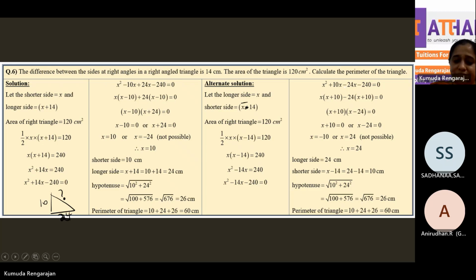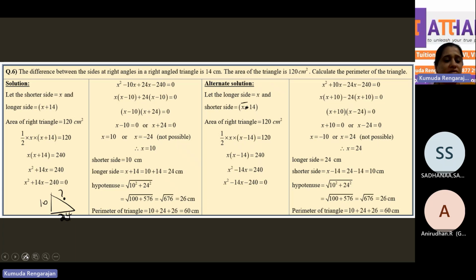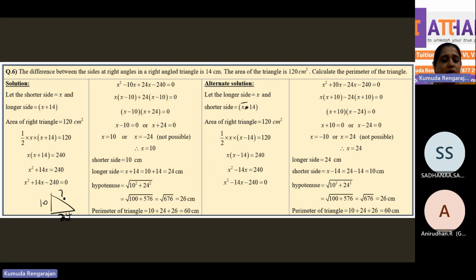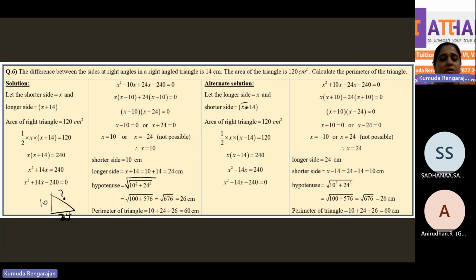The hypotenuse square is equal to PQ square plus QR square. So the hypotenuse is equal to square root of PQ square plus QR square. Hypotenuse is equal to square root of 10 square plus 24 square. The two sides 10 and 24. So you get 26. The hypotenuse is 26 centimeters.